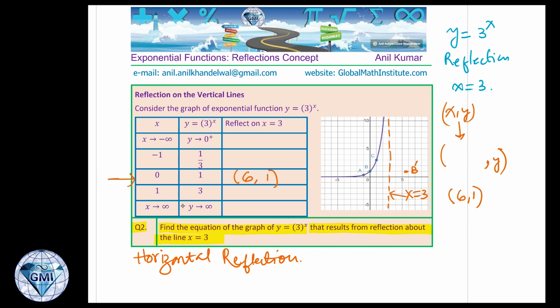Now, A is further away by 1 unit, so it will go away by 1 more unit. So that is to say, this will be at 7, right? Sorry, this is at -1. So -1 will be at 7. And the value of y will remain the same.